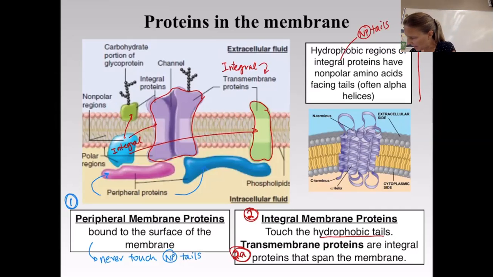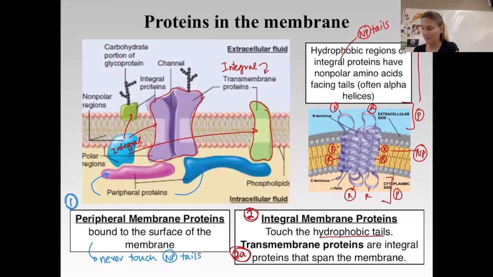So what I mean by that is that the R groups that are interacting with those nonpolar tails, guess what? Those R groups better be nonpolar in nature in order to interact with those tails. However, the R groups of those amino acids that make up the protein that are interacting with the polar regions, those guys better be polar, right?